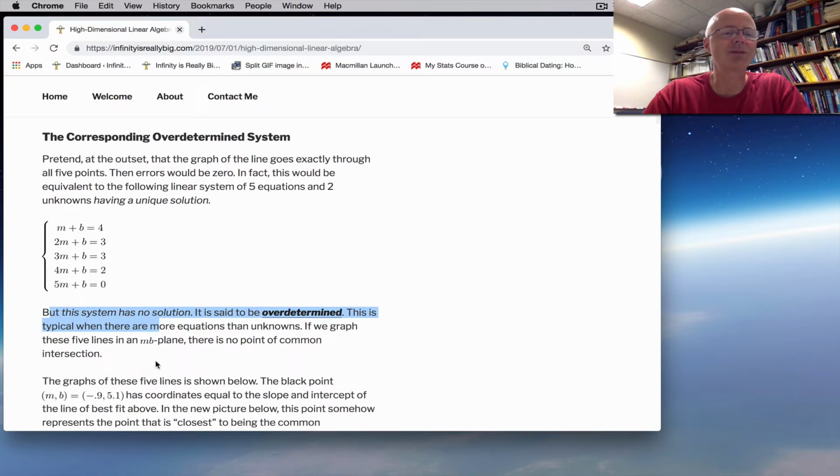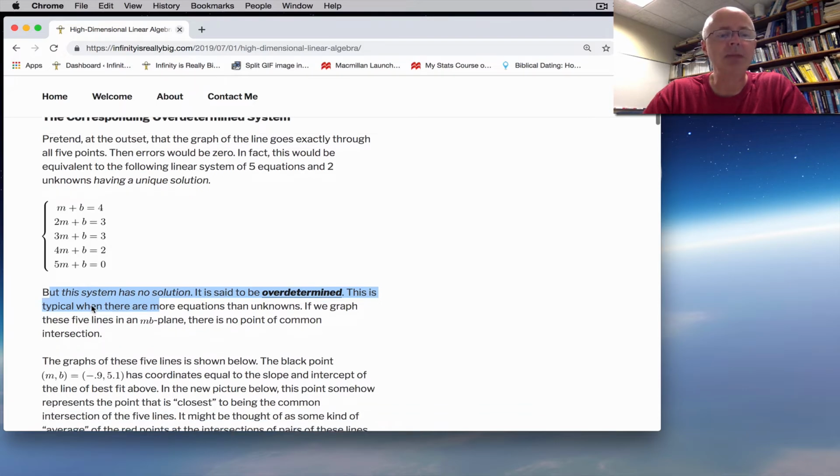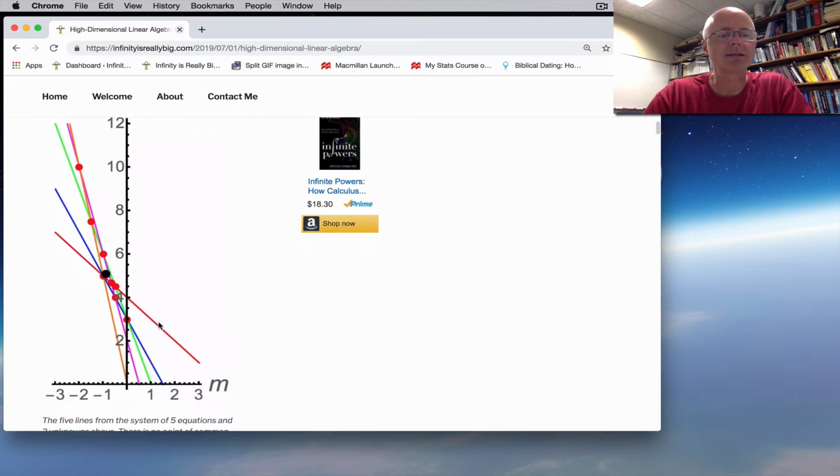Here's a way to think about what I'm saying intuitively. Graph all 5 of these lines in a plane, not an xy plane, but an mb plane, like this. So you see the 5 lines there. There's no point of common intersection because there's no solution of the system. There's no point that satisfies all 5 equations. There are points, the red dots that you see there, that satisfy pairs of equations, intersections of 2 lines.